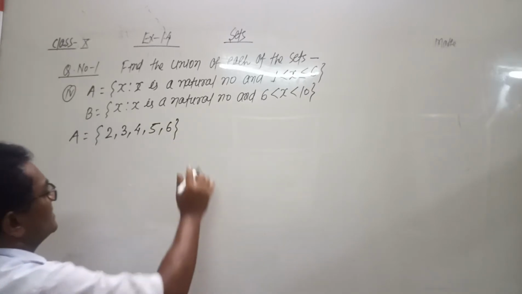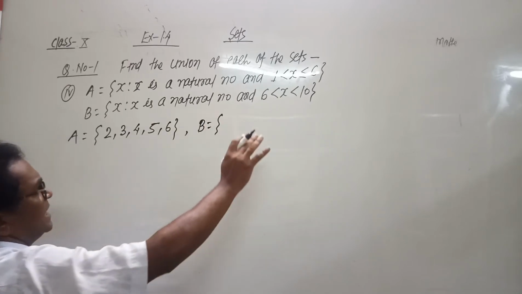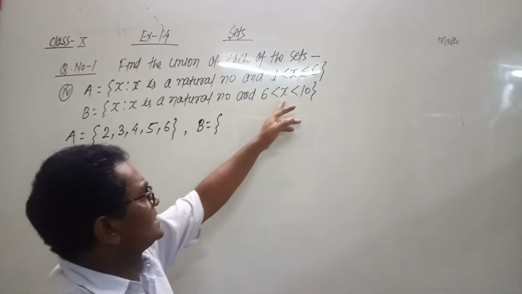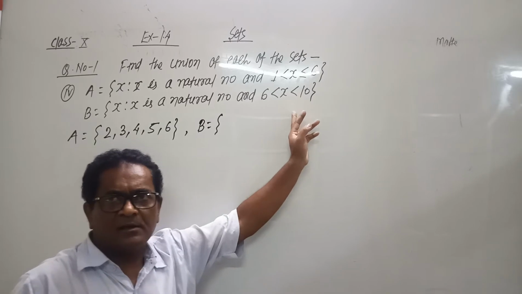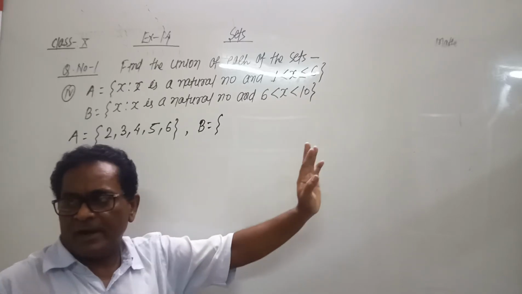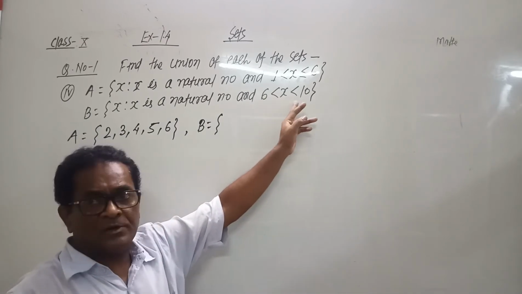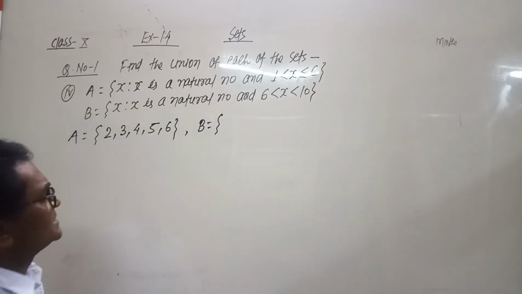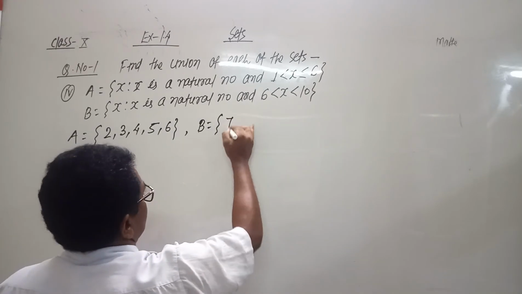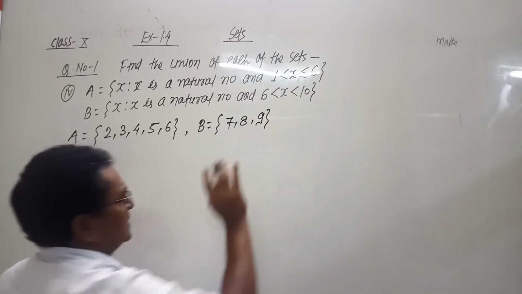And set B, natural numbers where the value of X lies from 6 to 10. In this set both the numbers will be excluded because there is no equal to. So both 6 and 10 will be excluded, so it starts from 7, 8 and 9.